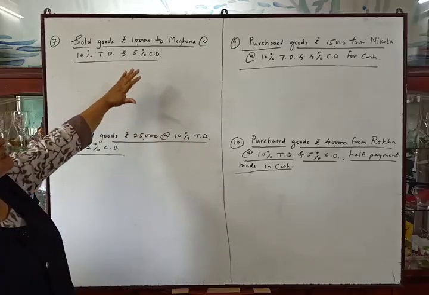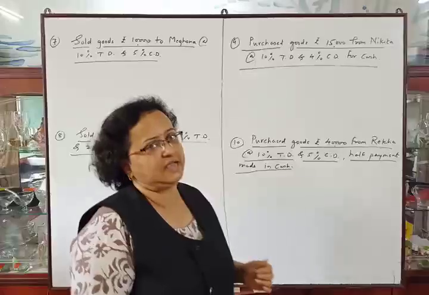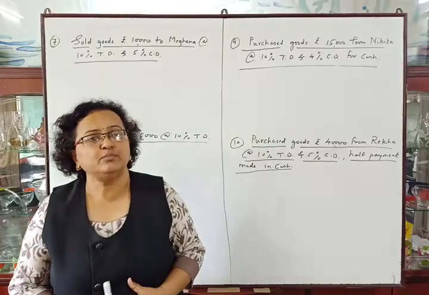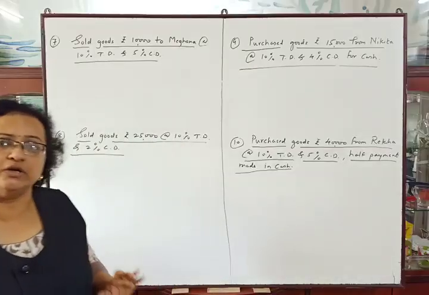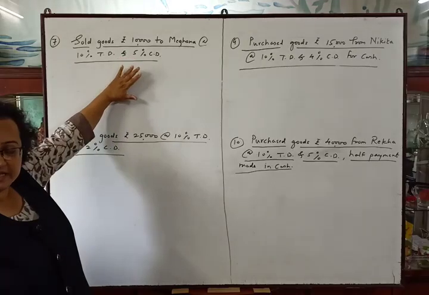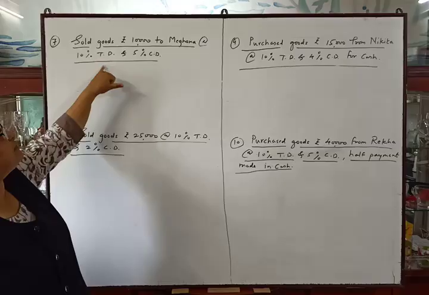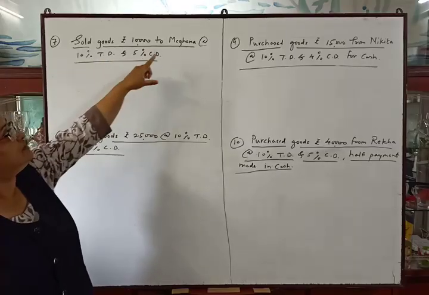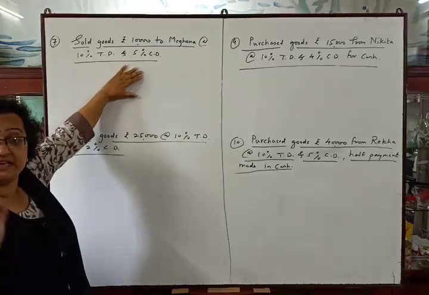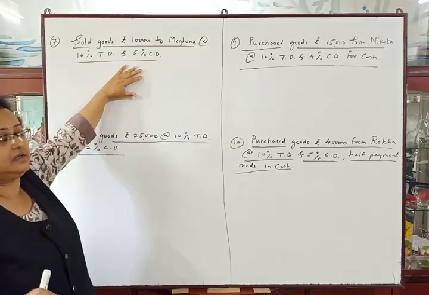Sold goods rupees 10,000 to Meghana at 10% trade discount and 5% cash discount. I have told you that sometimes both discounts are allowed to the customers. In this transaction, we have given Meghana 10% trade discount for the original amount, that is catalog price, and 5% cash discount if she makes the payment immediately.